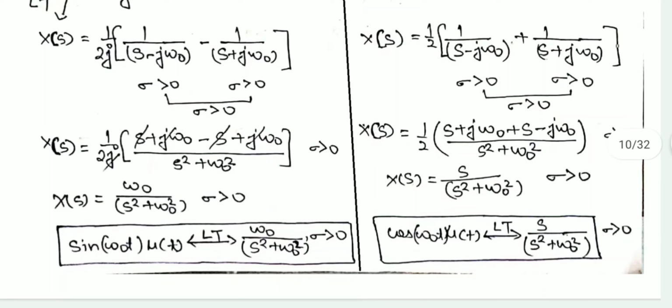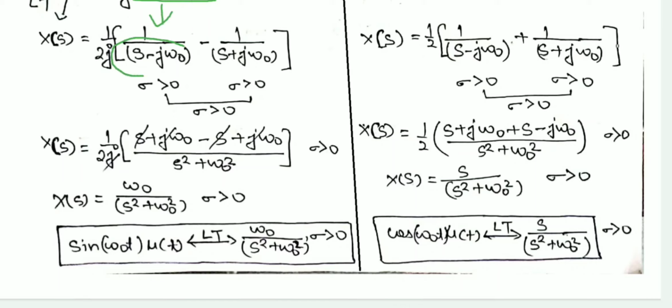Okay, we know the property of multiplication of an exponential signal. It is the same as before. When it is multiplied with e to the power j omega t times ut, as the exponent is positive, their Laplace transform has a negative sign.